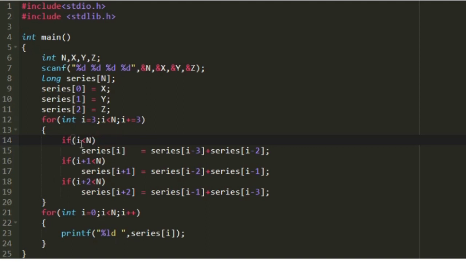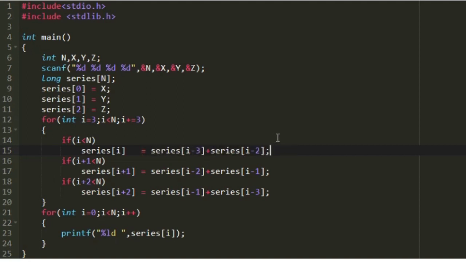So first we are going to check whether the index i is less than n. So only when i is less than n we will be performing the operation, because we need to check whether we are within the bound. So if i is less than n, then we are setting series of i is equal to series of i minus 3 plus series of i minus 2.